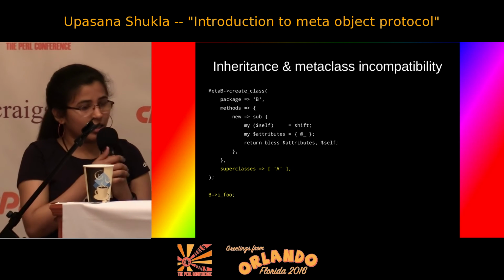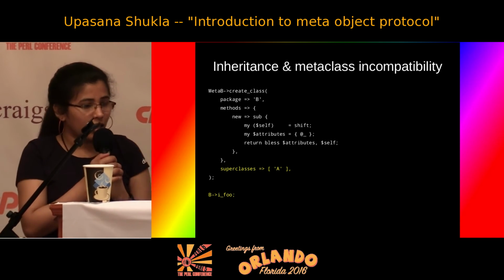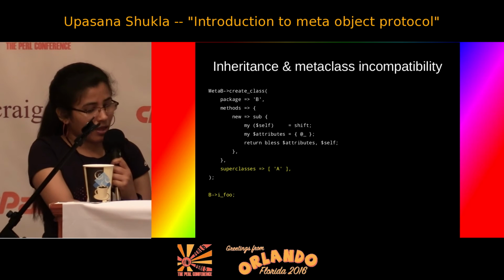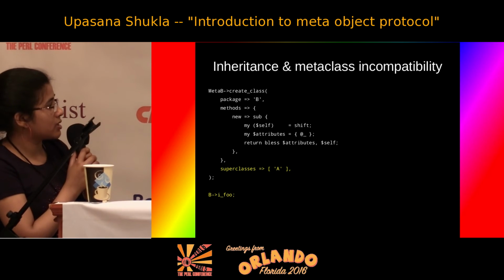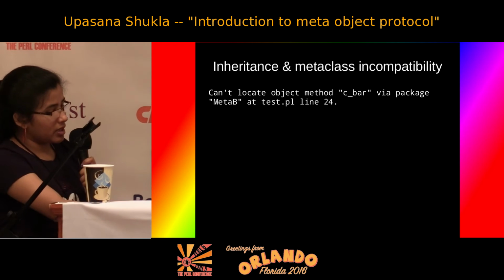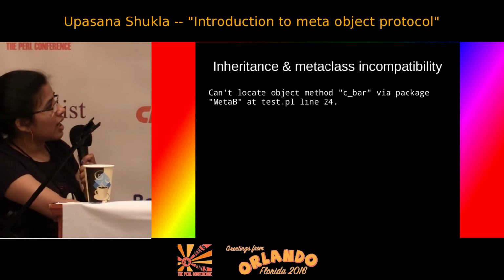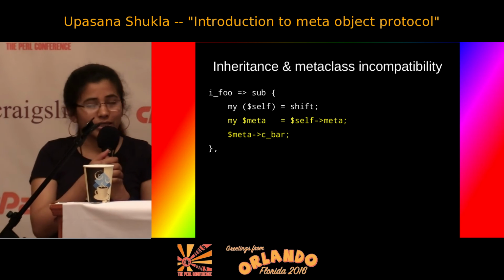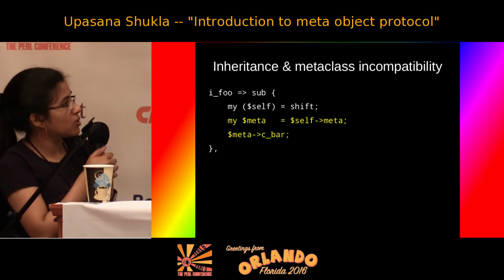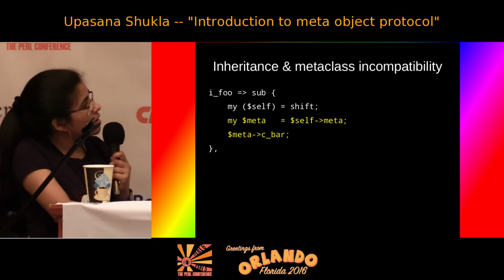Now I have defined another class called B, which has metaclass meta B, and it has A as its superclass. But if I call ifoo of B, I'll get this, which is what I said before: meta B doesn't have cbar, so it will not work.